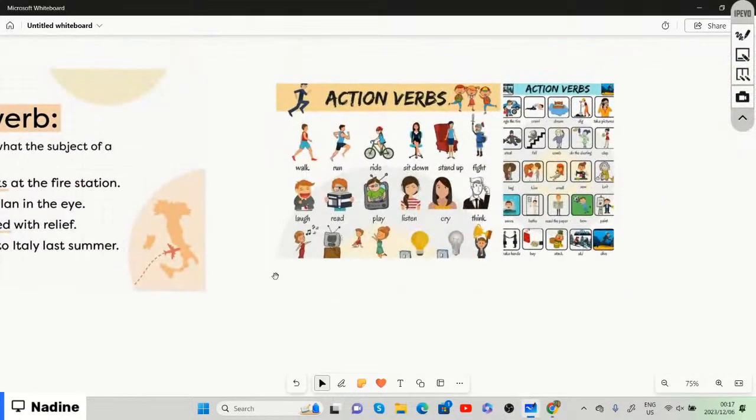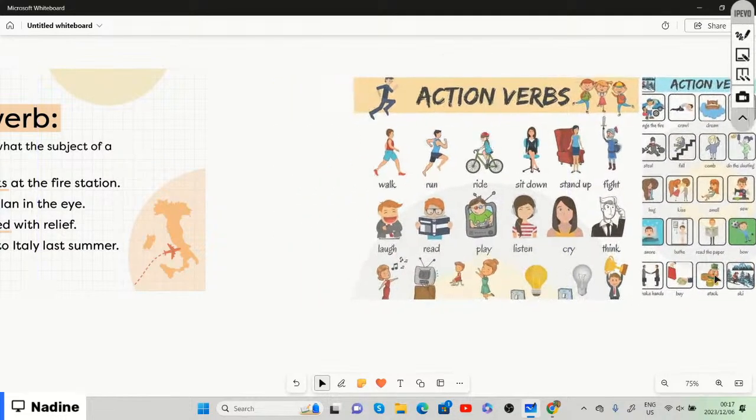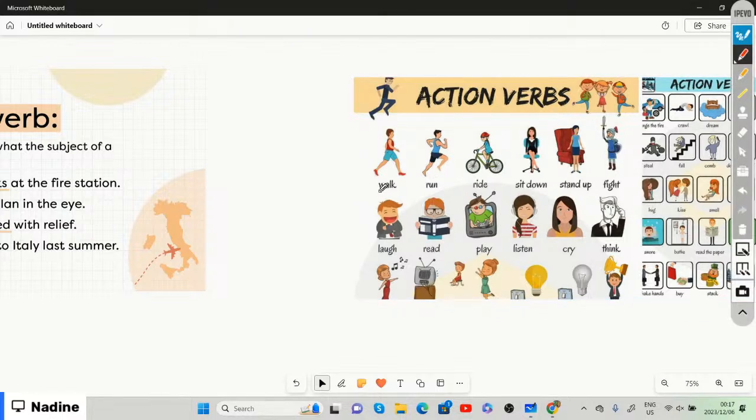All right, so now we're going to go on and have some more examples of action verbs. If we look at the pictures in front of us, these are a few pictures with action verbs. To walk is a verb. It's something that someone is doing.